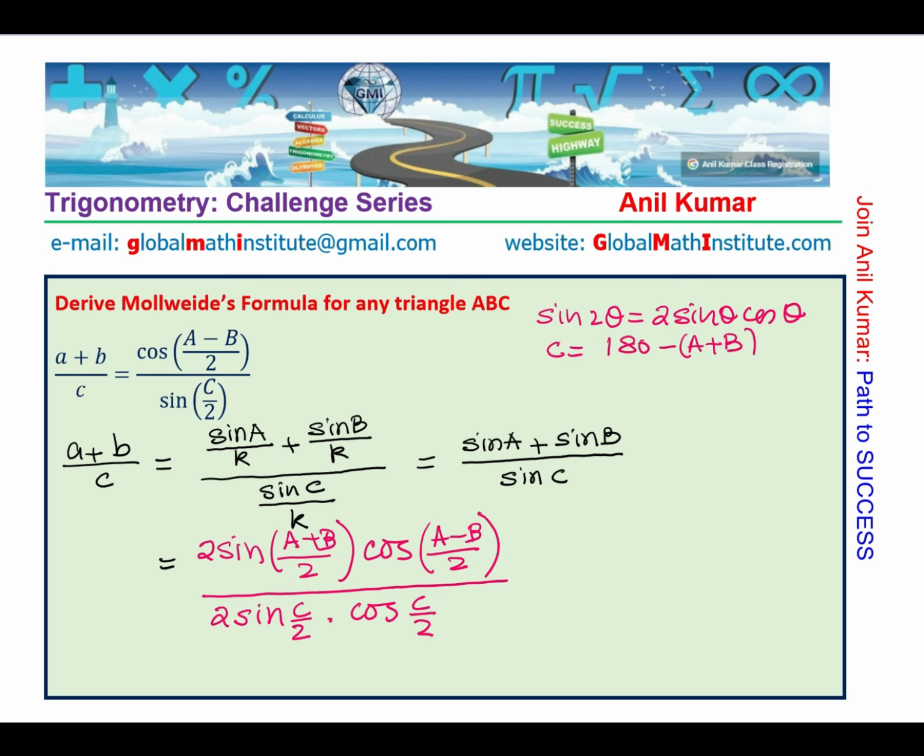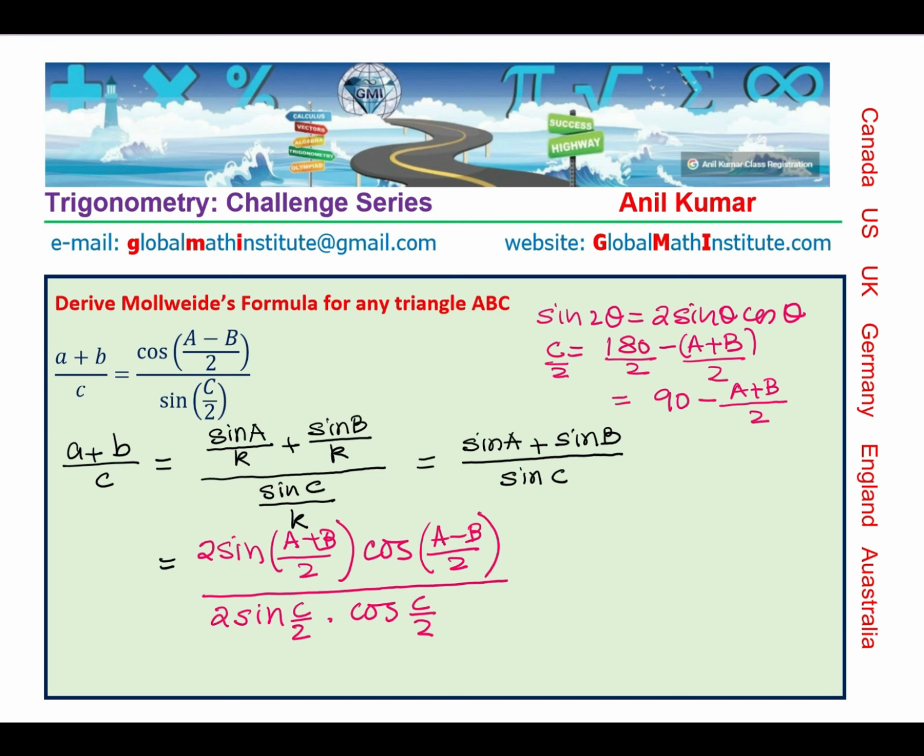Because we want sine C by 2 in the numerator, but we do not want sine (A plus B) by 2, you get the whole idea, right? When I do C by 2, we divide everything by 2, so C by 2 is equal to 90 minus (A plus B) by 2. Is that clear to you?